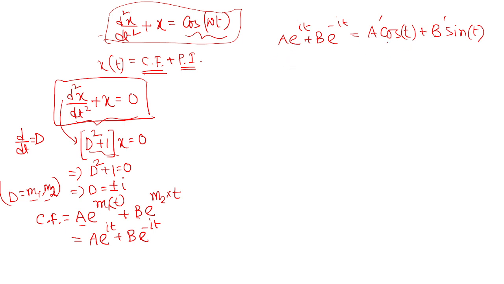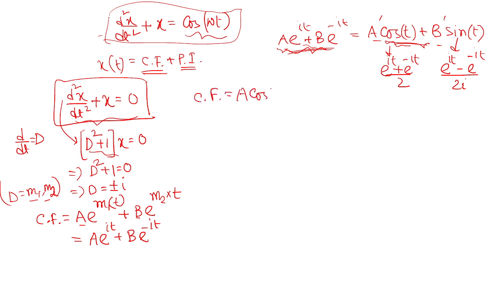Cosine we can write as e to the power it plus e to the power minus it by 2, and sine as e to the power it minus e to the power minus it by 2i. If we put this in and do a little bit of mathematics, we can find the relation between a, b and a prime, b prime. So we can write the complementary function as a cosine of t plus b sine of t.